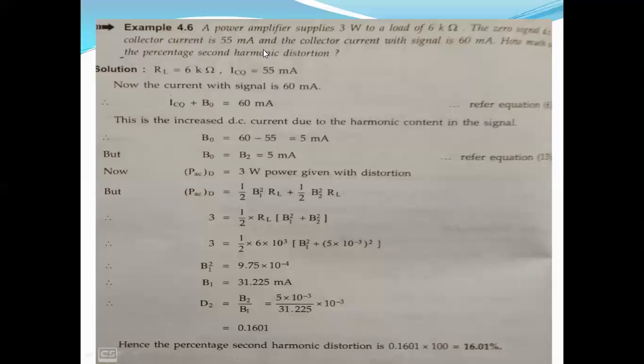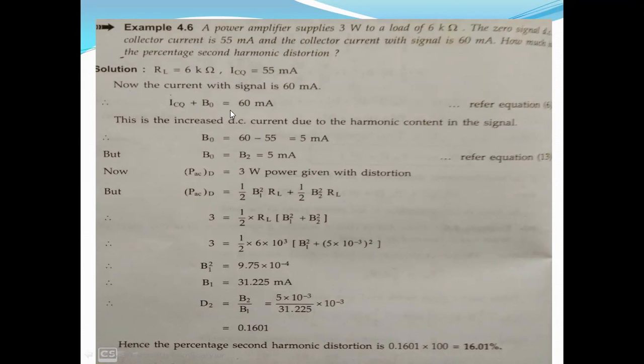So here the given data is RL is equal to 6 kilo ohms, and the DC collector current ICQ is 55 milliamps, and the collector current with signal is 60 milliamps, that is ICQ plus B0 is 60 milliamps. So this is the increased DC current due to harmonic content in the signal. Because of some harmonic, we have this type of current.